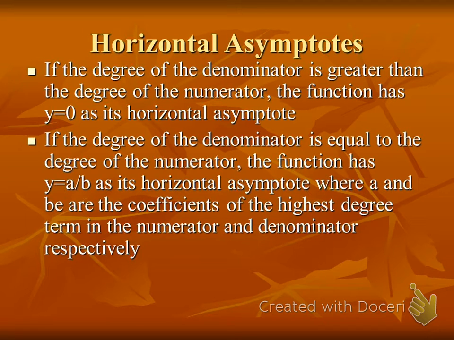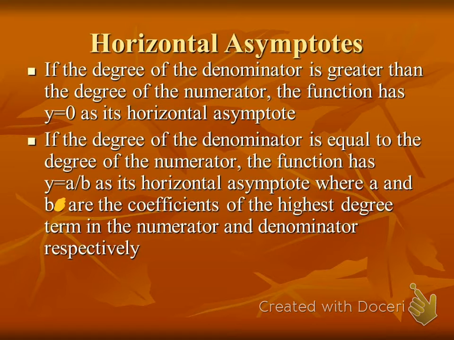The next case, and this is a lot of words: if the degrees are equal, the function has y equals a over b as its horizontal asymptote, where a and b are the coefficients of the highest degree term in the numerator and denominator, respectively.